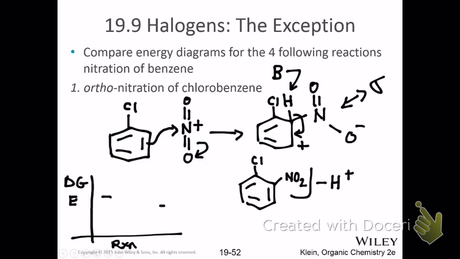So what happens? This first step, right? In the first step, you have to form this carbocation. So as far as energy goes, that's the highest activation energy of the two bumps that you'll have in the curve.